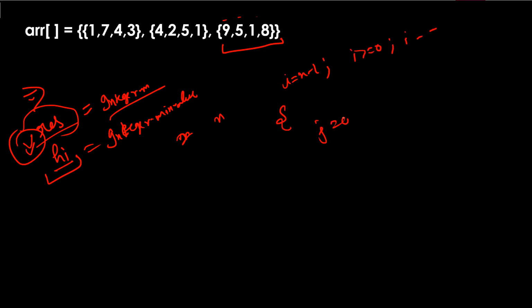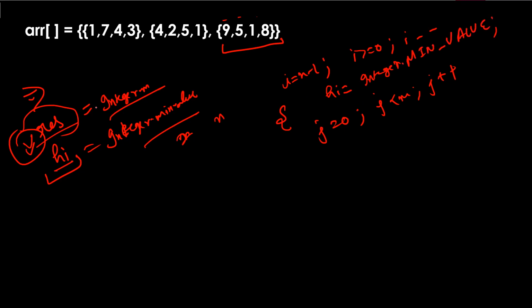The inner one, j equal to 0, j less than m, j plus plus. And this high value we are going to initialize here to Integer.MIN_VALUE, and res has already been initialized to Integer.MAX_VALUE.